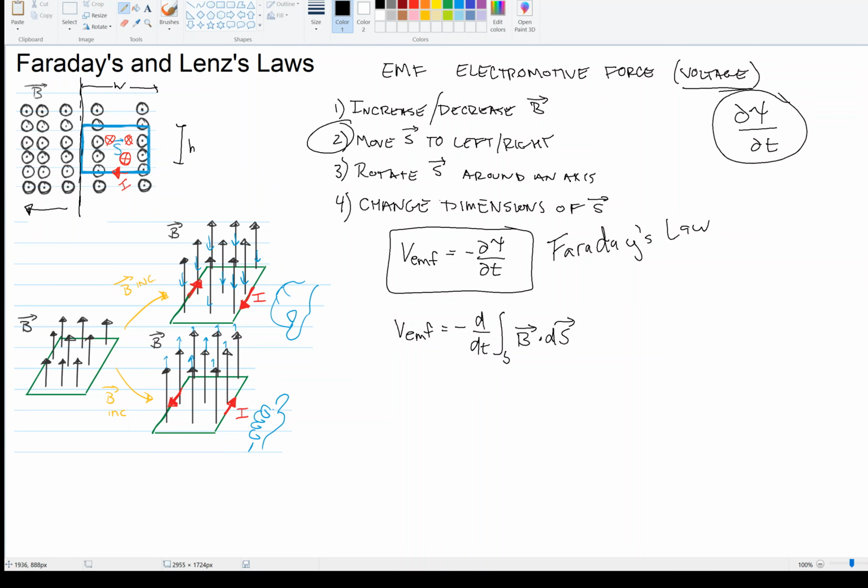And remember that the voltage is the path integral of the electric field. So I can write the induced voltage as this path integral of E dot dl, like this.